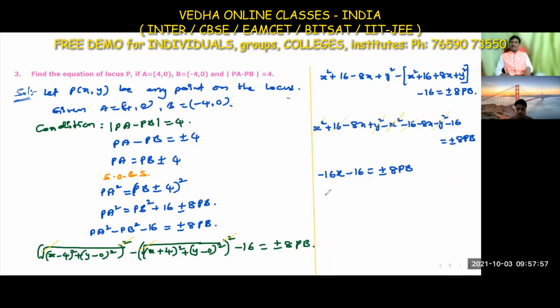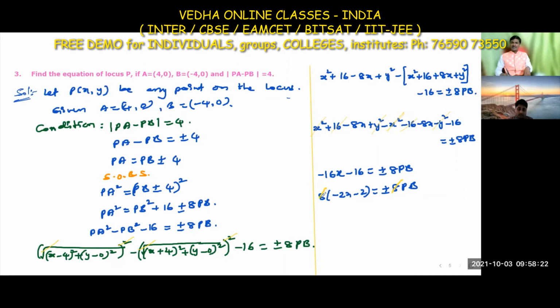Take minus 8 common. In both the terms, we can cancel. That's why I'm taking 8 common. So if you take 8 common, then minus 2x minus 2 is equal to plus or minus 8 PB. Okay, we can cancel this 8 and this 8.